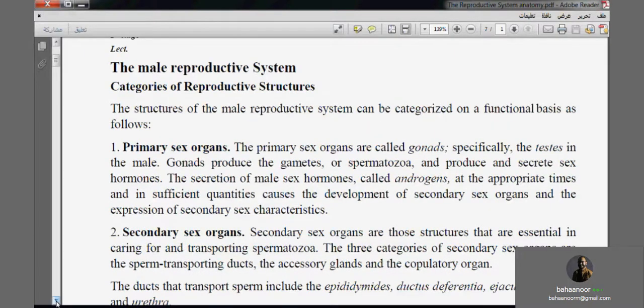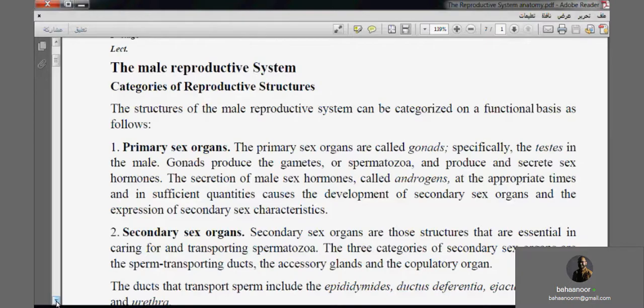Primary sex organs called gonads, especially testes in male, they produce spermatozoa and produce and secrete sex hormones. The sex hormones at appropriate time in sufficient quantities cause the development of sex organs and the expression of secondary sex characteristics.